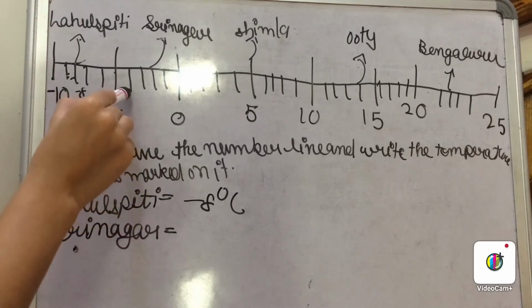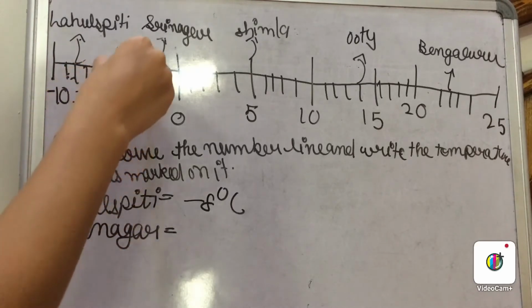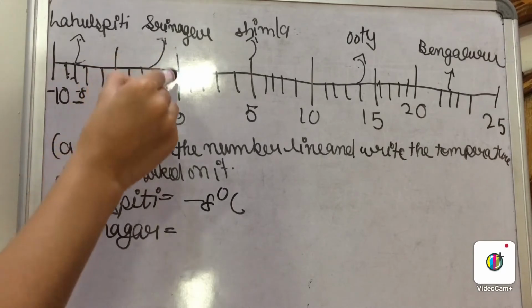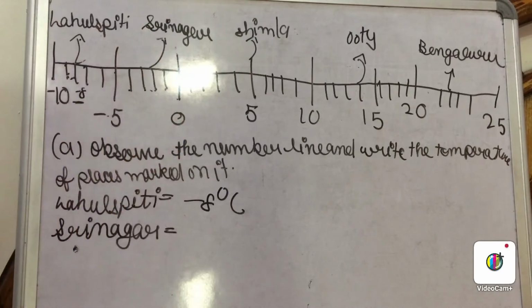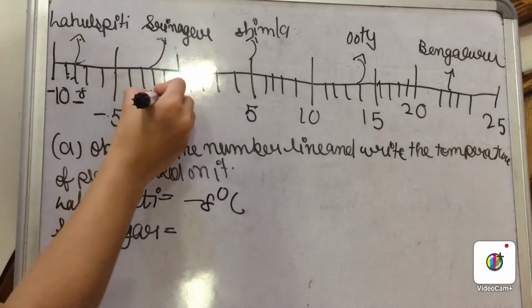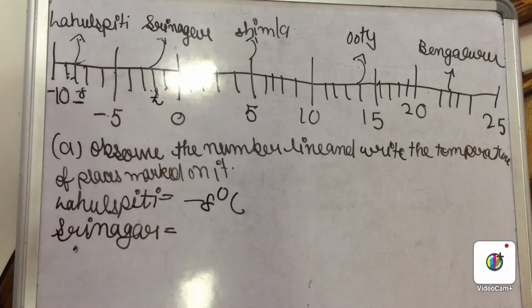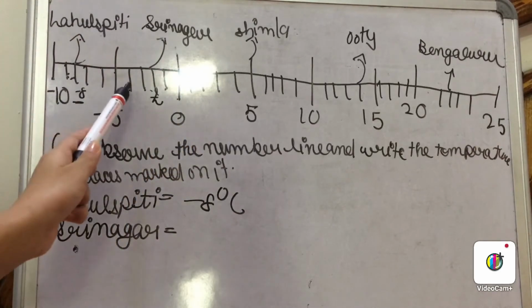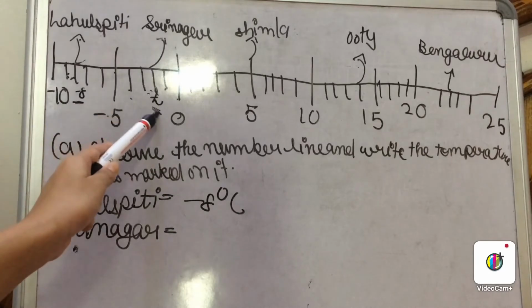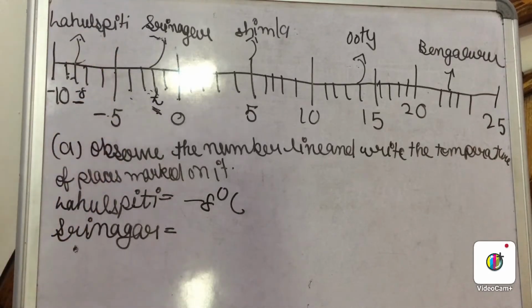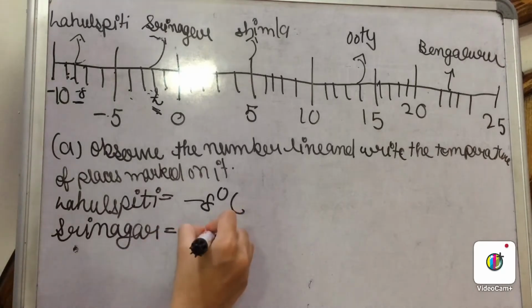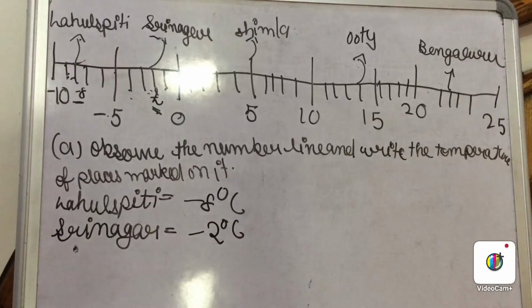So let us count: -4, -3, -2, -1 and 0. Here you can see that it comes at -2 degrees Celsius. So it is -4, -3, -2, the temperature at Srinagar. So the temperature of Srinagar is -2 degrees Celsius.